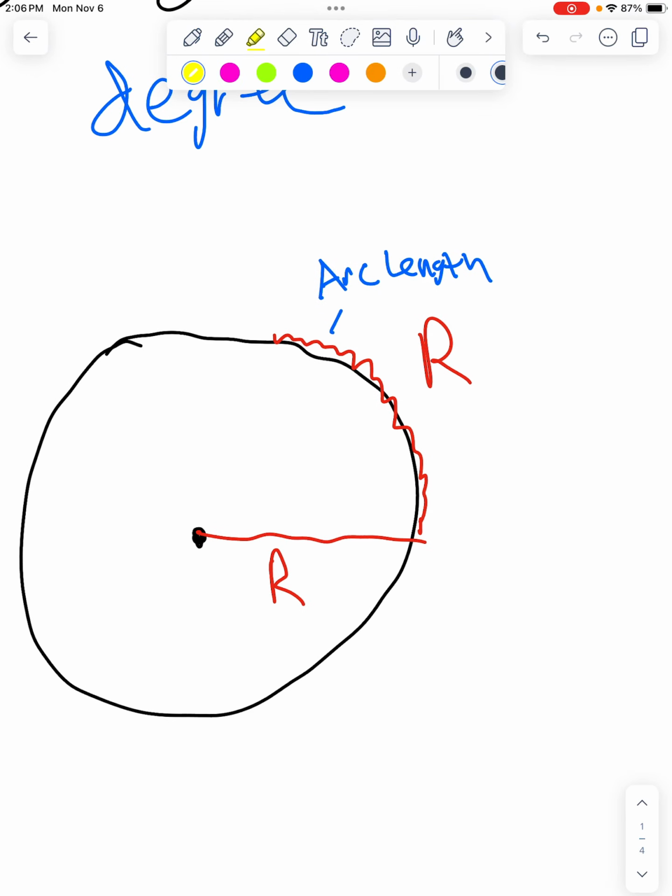If I look at a circle and take the distance from the center of my circle to the edge, I'm going to call that the radius, and that's a specific distance. When I take that distance and run it around the outside of my circle, that's called the arc length. So I go 1 radius around my circle, and the angle that's created inside here is called 1 radian.